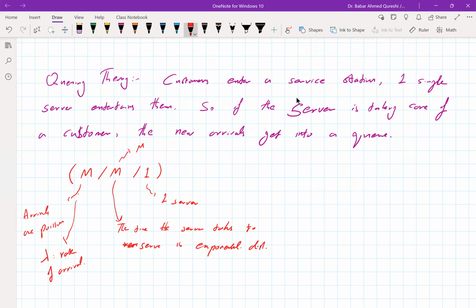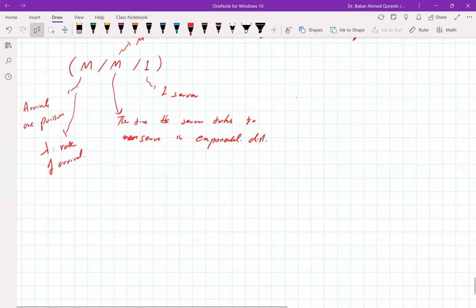So the average service time is 1 over mu. So this will actually be described by a birth-death process. Remember, a birth-death process is a continuous time Markov process where the arrows are only to the next numbered state.